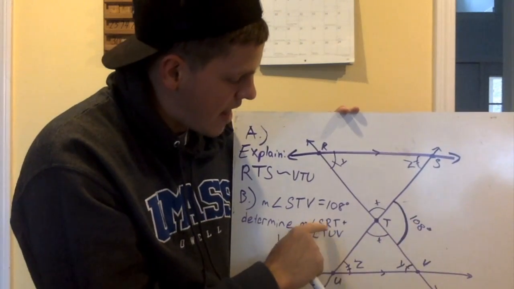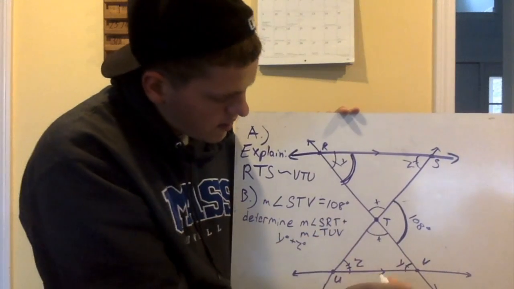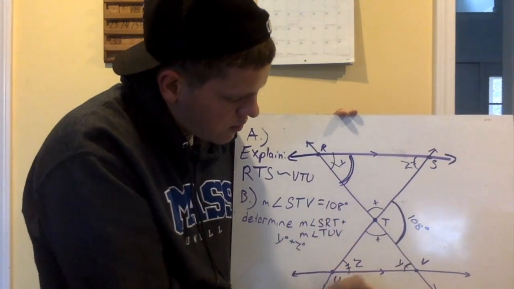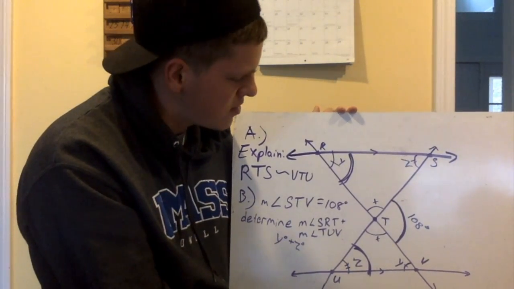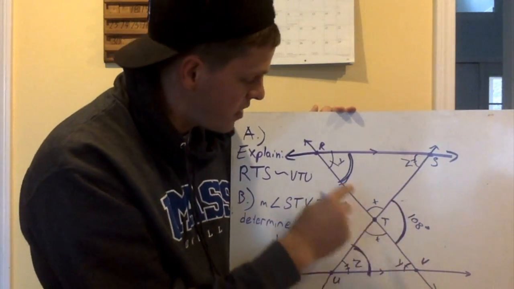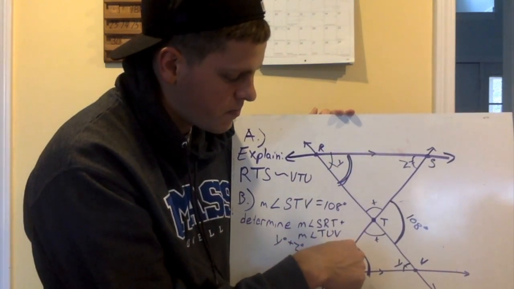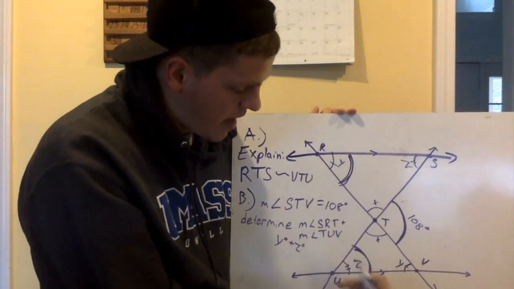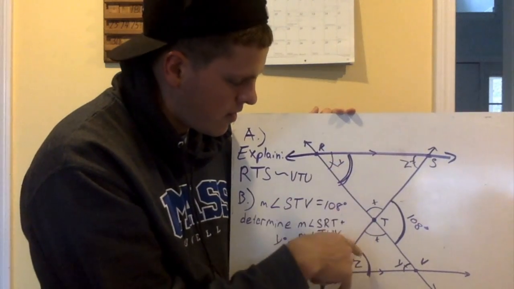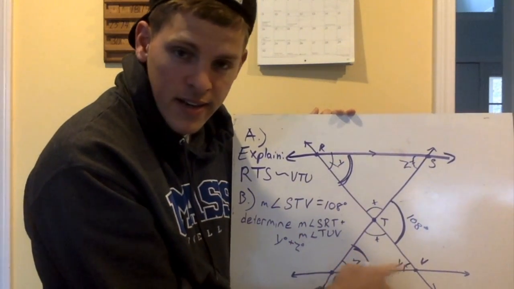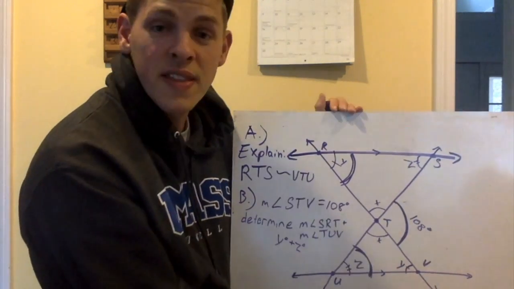If people see that SRT right here, they see TUV, this one right here, they might be like, how the heck am I going to put those two together? But because I already labeled them, I can notice that we're talking about a Y and a Z, and that those are going to show up in a different way. These are away from each other, versus Z and Y here show up in the same triangle. I like to logic my way through these things. This is how I would do it.